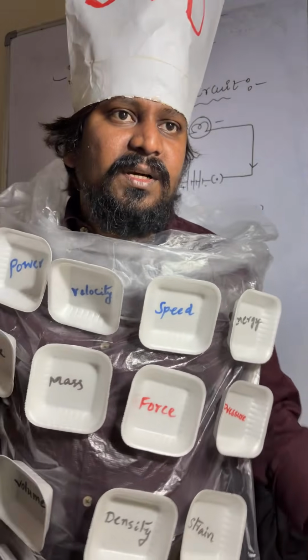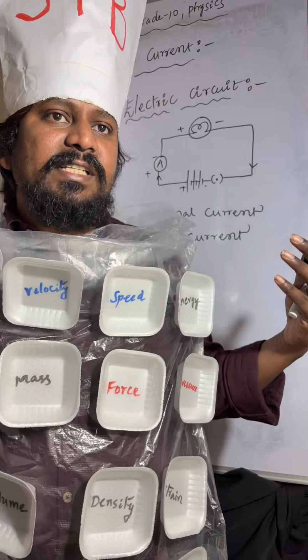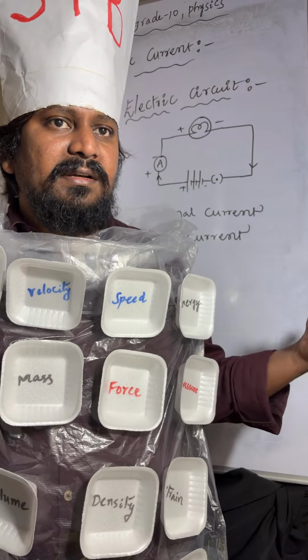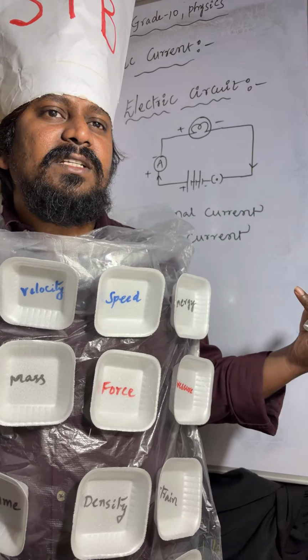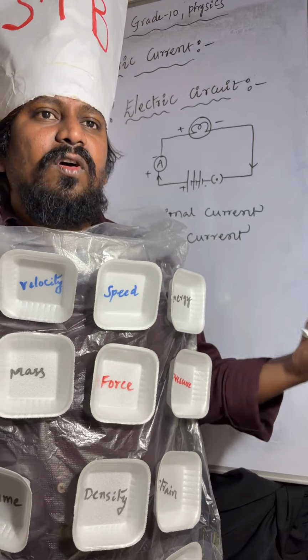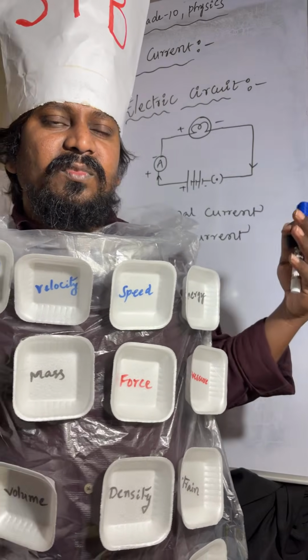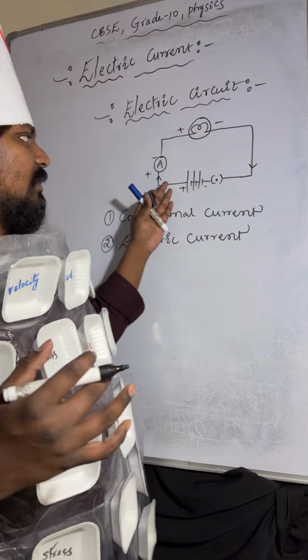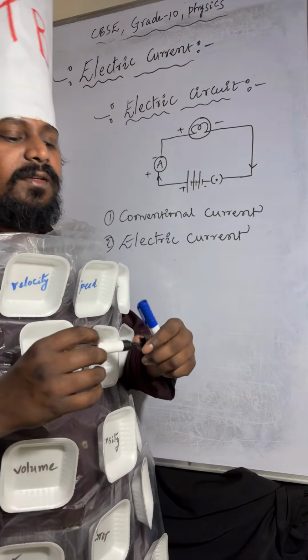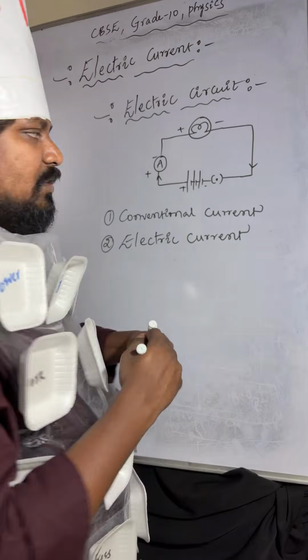Conventional current is nothing but the flow of positive charges. The flow of positive charges is known as conventional current. Coming to electric current, it is the flow of electrons. Positive charges are moving from positive terminal to negative terminal, whereas electrons are moving from negative terminal to positive terminal.